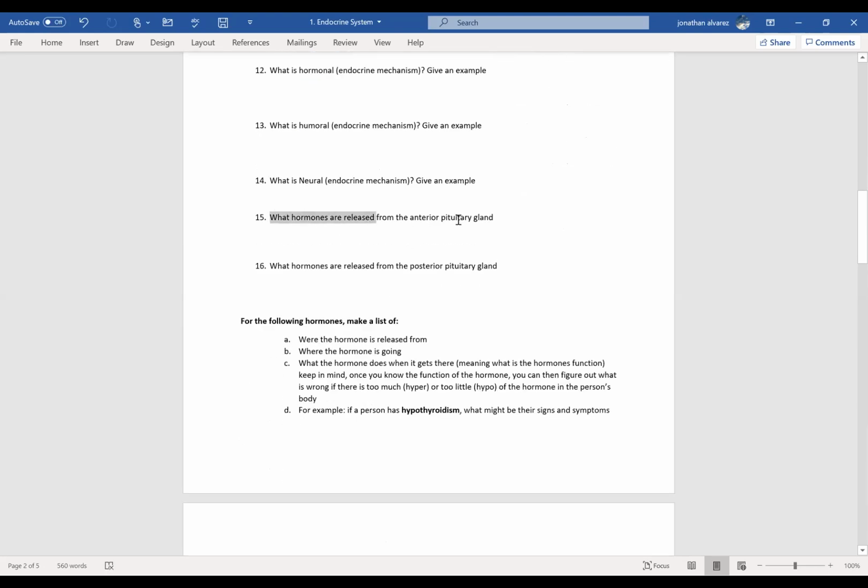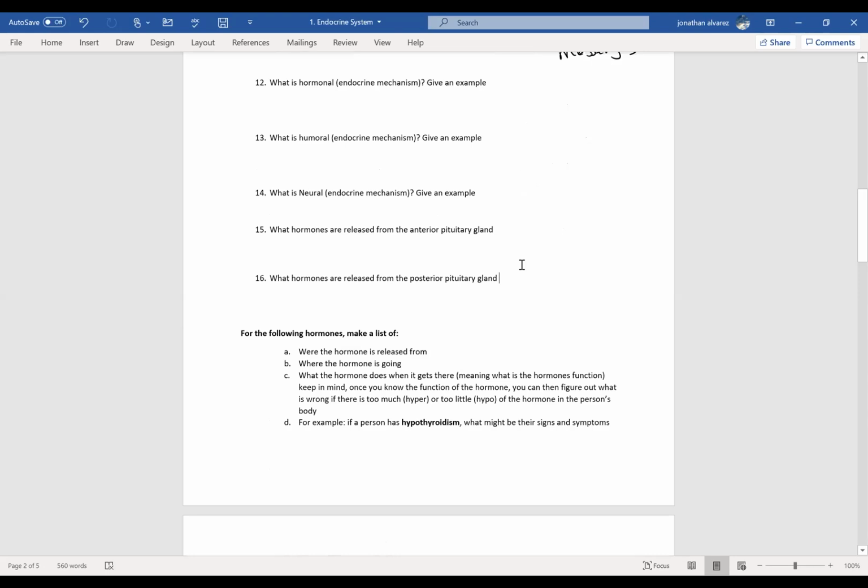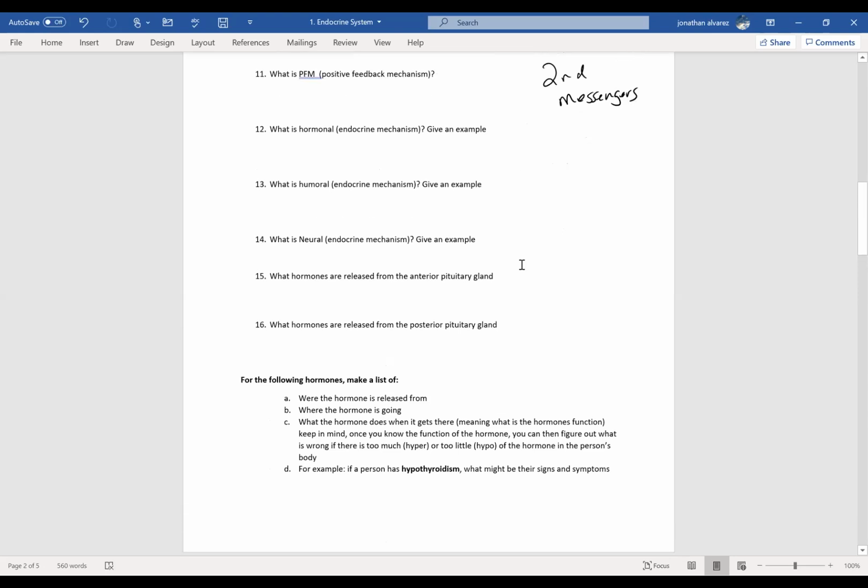Okay, what hormones are released from the anterior pituitary gland? There's a lot of them.